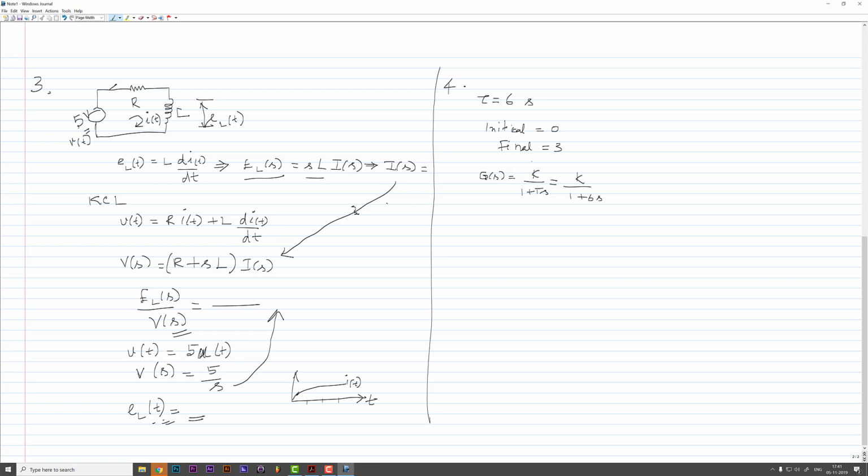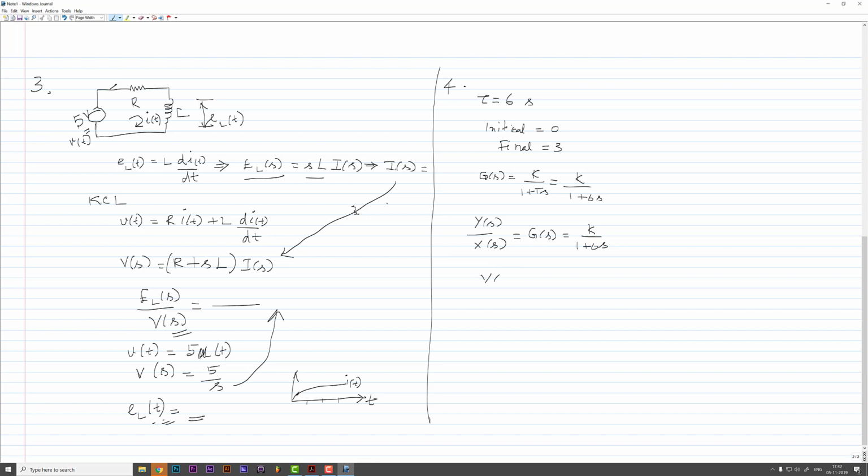Okay, so I think you have to consider a step response, that is missing in the problems. Please include that word, step response, first order system step response. Okay, so in that case, if I take Y of s as the output and X of s as the input, G of s is equal to K by 1 plus 6s.